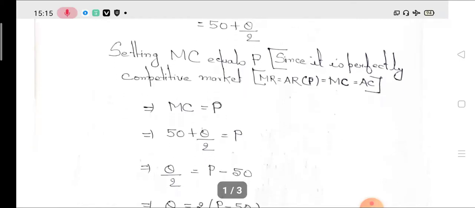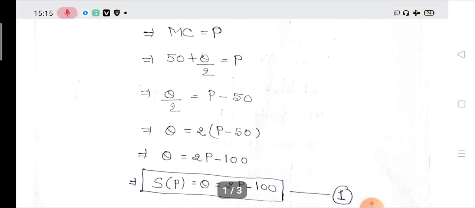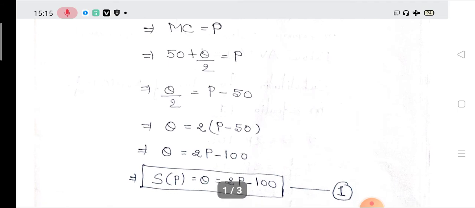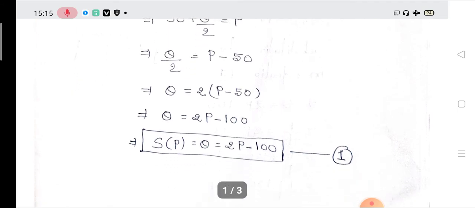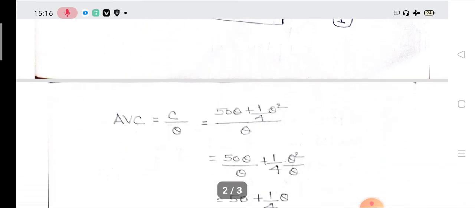Substituting the value we got for MC, 50 plus q by 2 equal to P. Solving for q, we got q equal to 2P minus 100. That is the supply function, which is a function of price, S(P) equal to 2P minus 100. It is equation number 1.